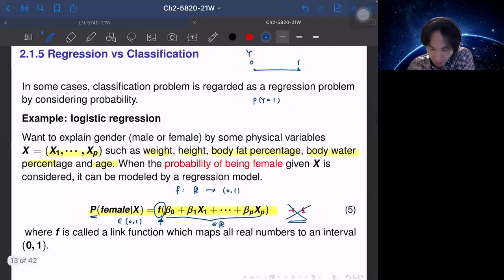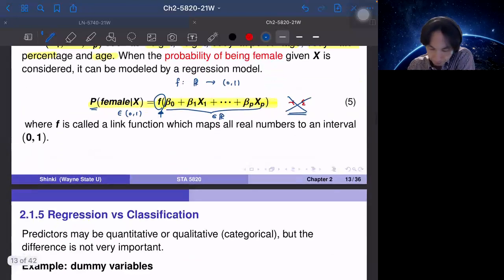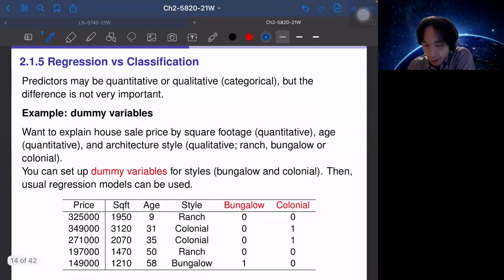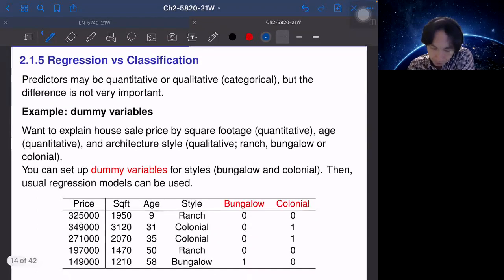So this is the way to handle the binary data by regression scheme. And the categorical response, such as A, B, or C, we can still extend this method, but also we have totally different method. And the regression against classification.